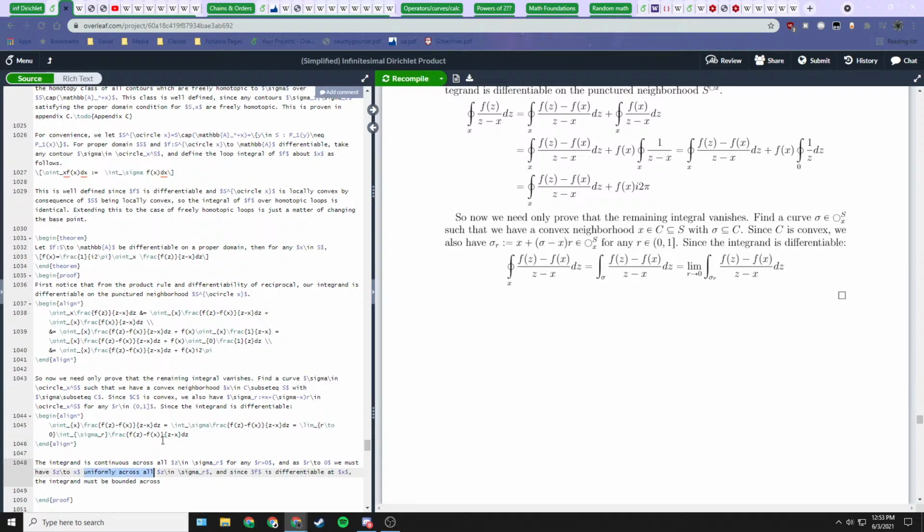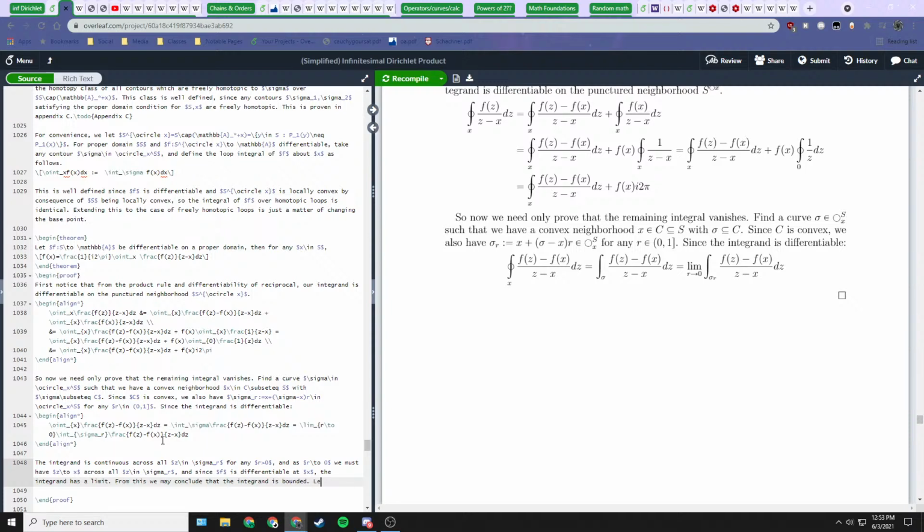So across all z in sigma sub r, f is differentiable, the integrand has a limit, and from this we may conclude that the integrand is bounded.